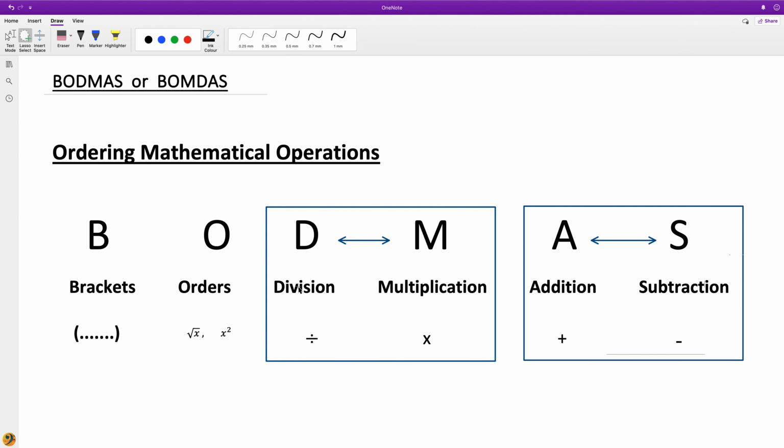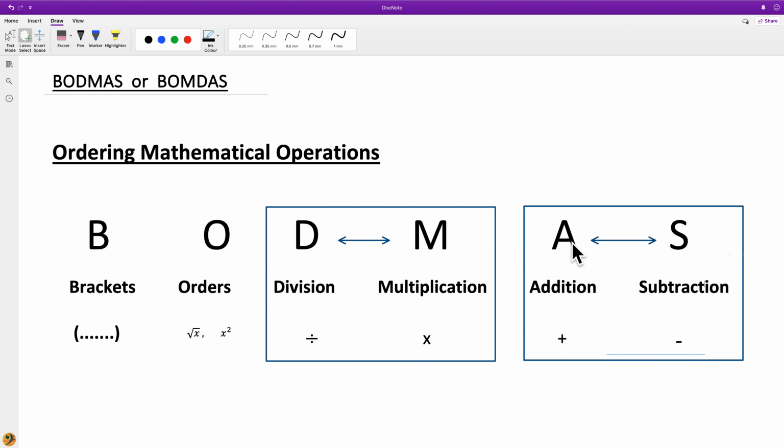D is the division, if something is being divided. M is multiplication, something is being multiplied. Now these are interchangeable, hence the BODMAS or BOMDAS version, but the division and multiplication are basically the same ranking or importance when you're evaluating a mathematical operation.